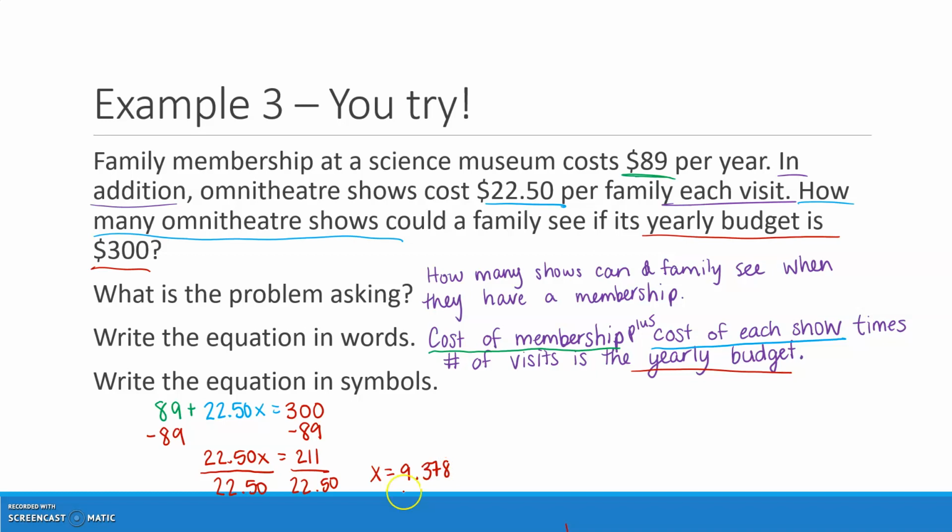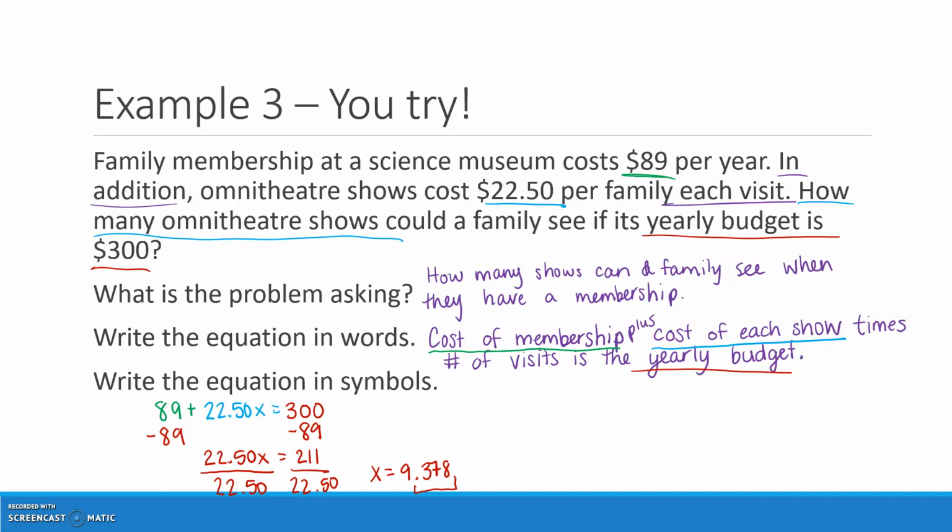Now, does this mean that they could go to 9.378 shows? That doesn't really make sense. Because we can't go to 0.378 of a show. That'd be like walking in for the first 3/8 of the movie or so, and then being like, oh wait, we're out of money, time to go. No one's going to do that.